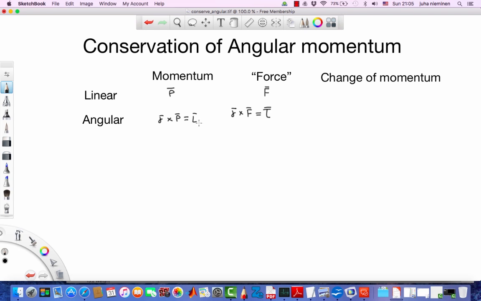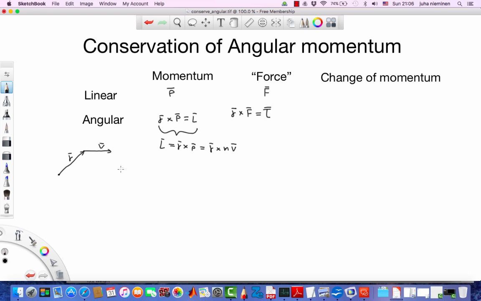Let's study the simplest case first. That is, we have a particle at some location R moving at velocity v in that direction. According to what we have for angular momentum, let's write it another way. So L is R cross P, and we know that P is also m times v.